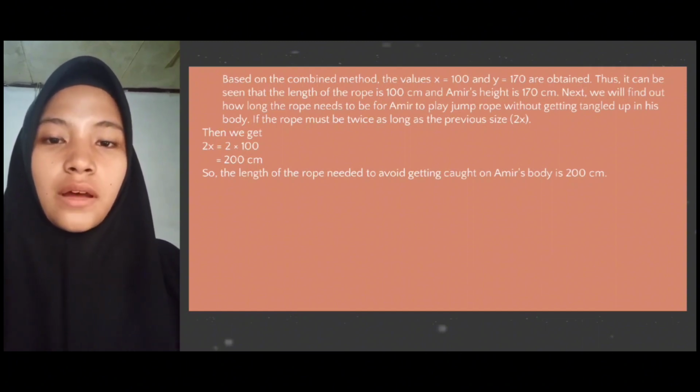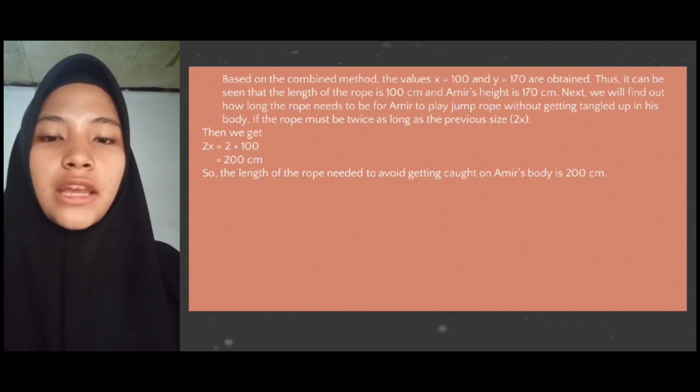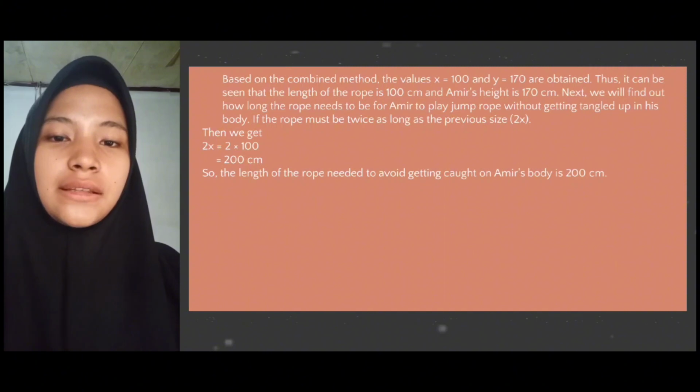Next, we will find out how long the rope needs to be for Amir to play jump rope without getting tangled up in his body.